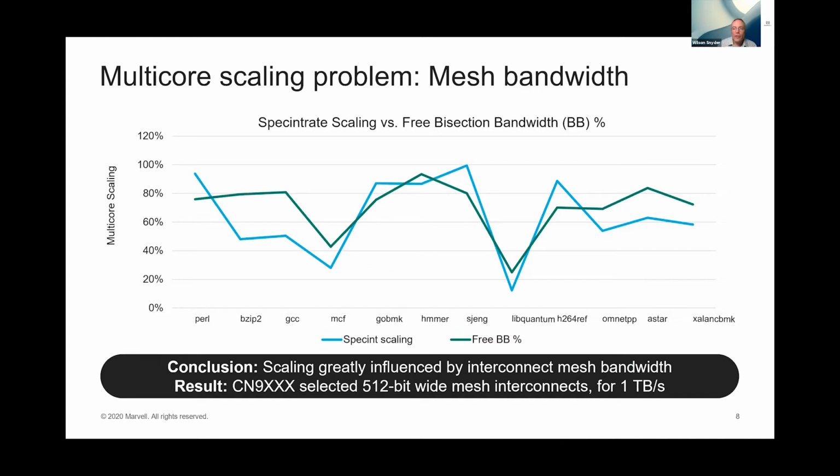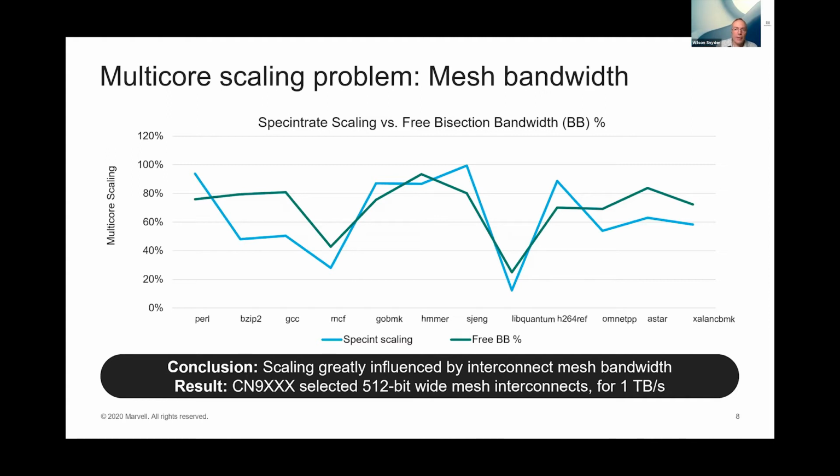When we were designing our mesh, we had the obvious question, which is how big do you make it? And I think this is interesting to those CPU architects on the phone here. What we did is we looked at the analysis of a lot of the SPECINT benchmarks, and in addition, some benchmarks that aren't shown here that aren't part of SPECINT, SPECFP. And what we determined is that in many cases, the scalability, in other words, the ratio versus perfect scaling of those benchmarks when we added it to the entire chip, correlates very strongly to the bisection bandwidth available to that particular application across the entire die.